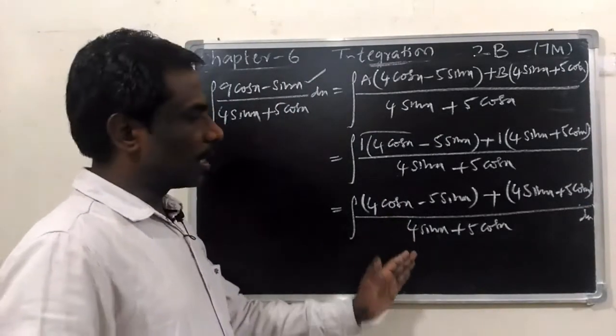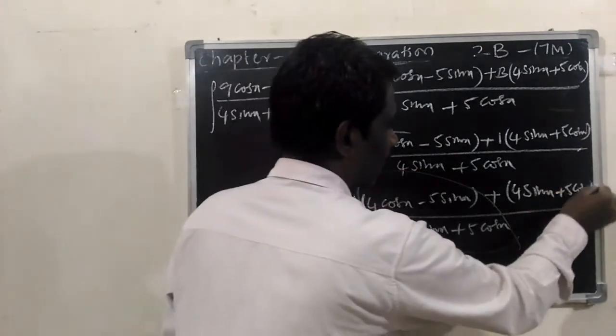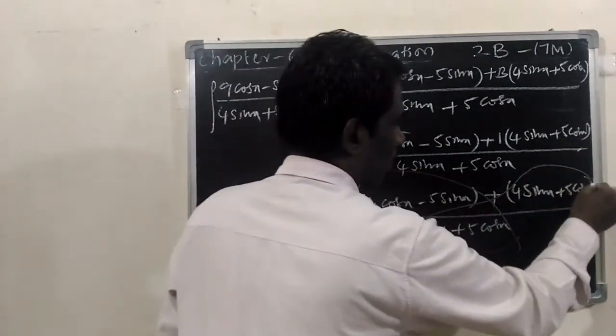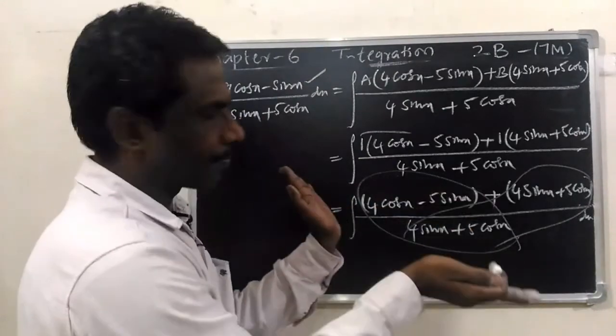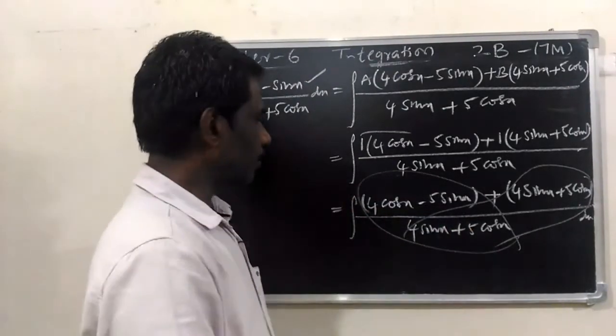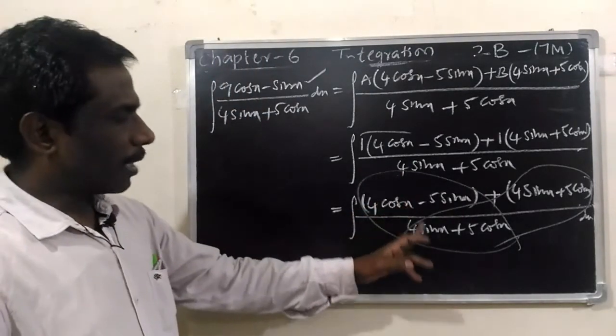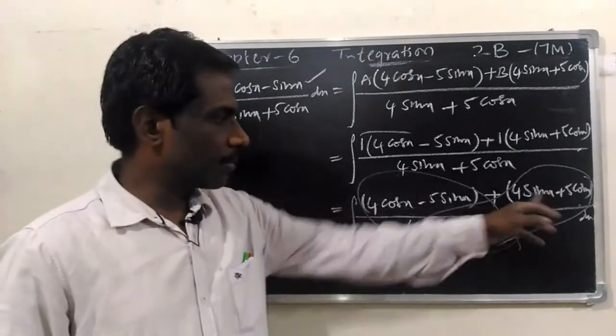Now separate this denominator with this and also with this. So we are splitting the denominator with the numerators. So you can write now this by this plus and this by this.